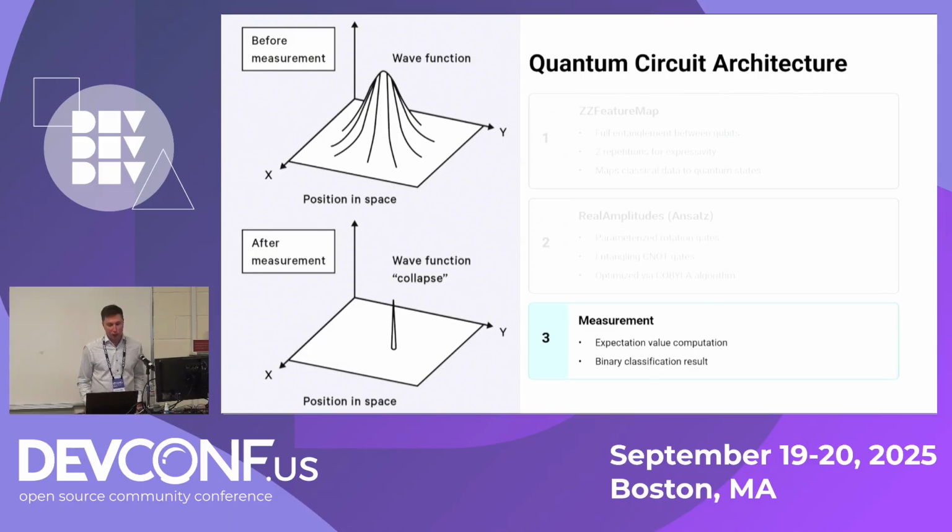The last part is that we then measure. Once you run the qubits through these two circuits in sequence, and there are two reps of each, the example I showed is just to illustrate the circuits, but then you combine them and do two reps of each.